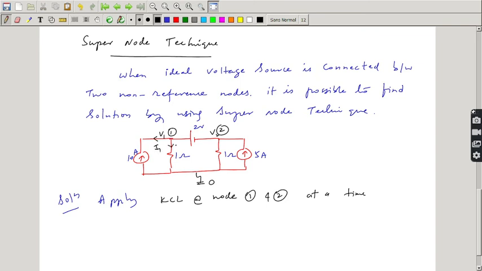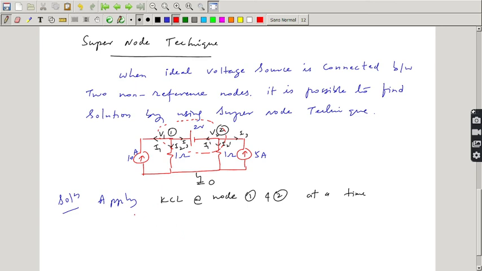Let's take I1, I2, I3, and here also I1 dash, I2 dash, I3 dash. This one you can remove now. You need not consider the dotted voltage source, and for the rest of the circuit you apply KCL on both nodes at a time.